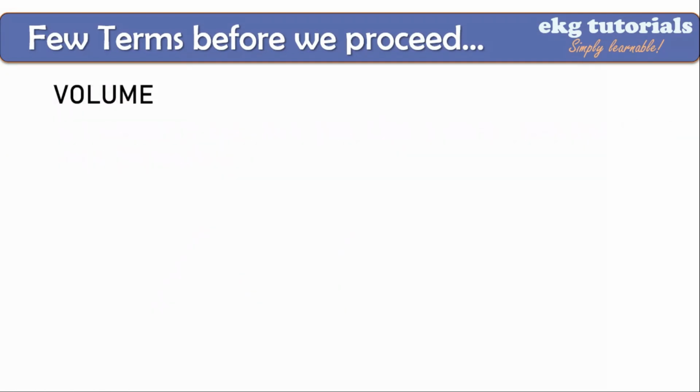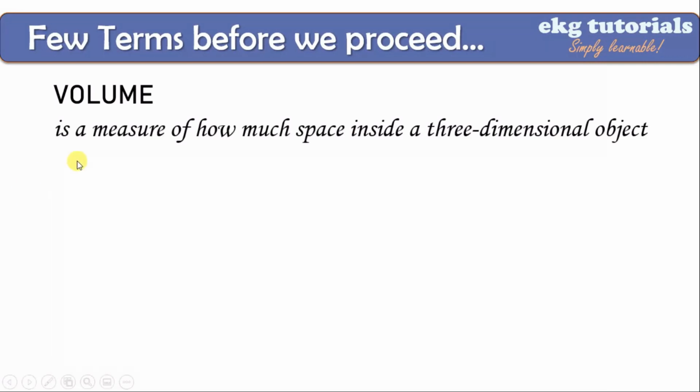Now what about the term volume? Kung sinabi namang volume, it is a measure of how much space is inside a three-dimensional object. Kung ang area is defined as the space within a two-dimensional object, ito naman is space inside a three-dimensional object.